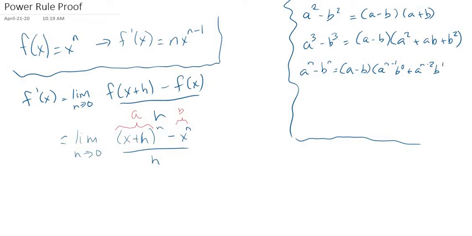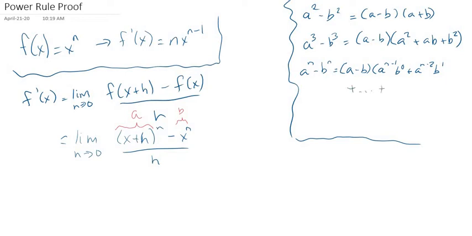And as we keep going through the sequence of terms, we don't know how many there are exactly. It'll change depending on what our n is. But you're going to notice that the exponent on the a tends to go down by 1 every time, and the exponent on the b tends to go up every time. So we keep doing that until we get to the end.